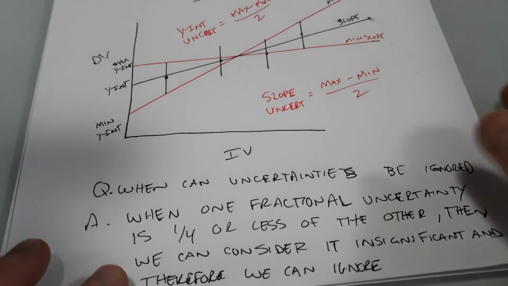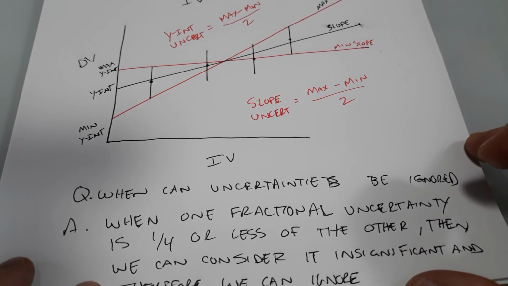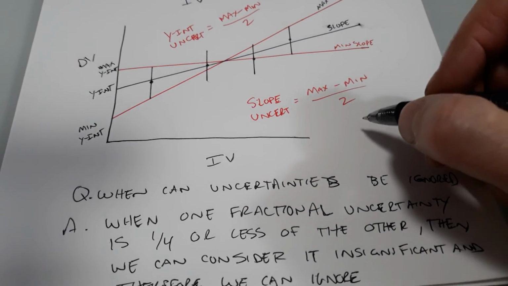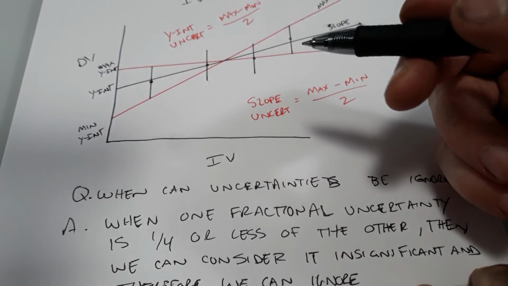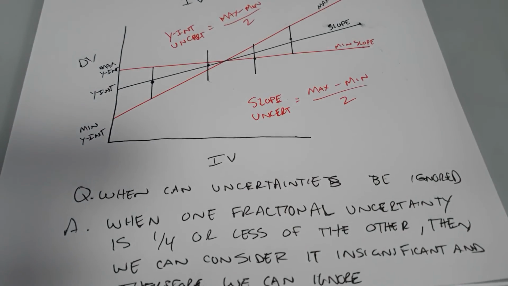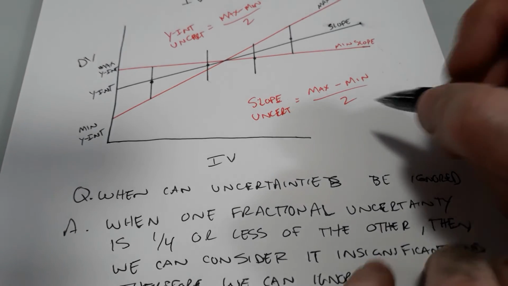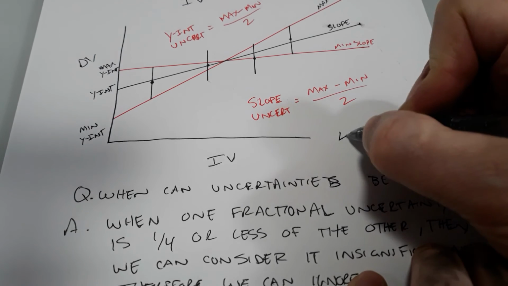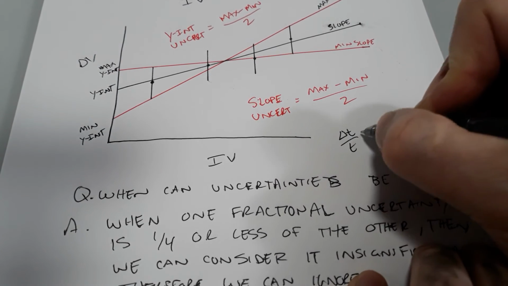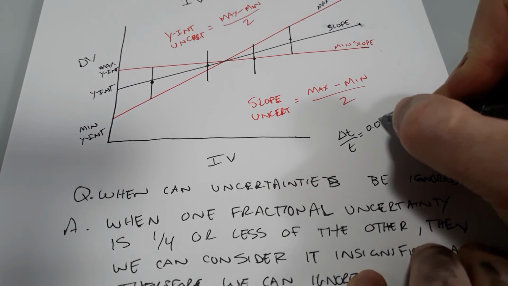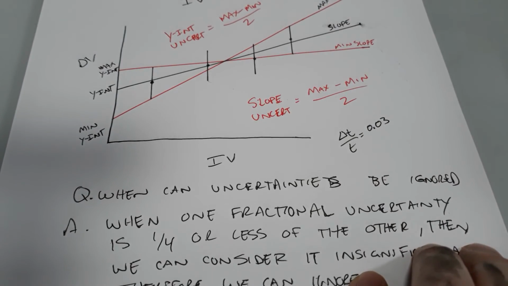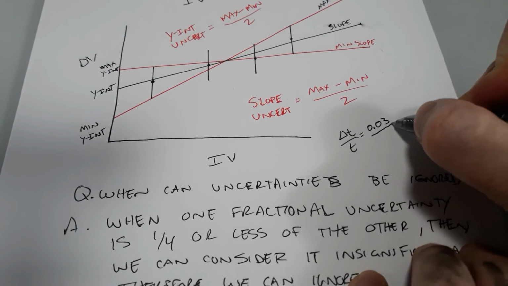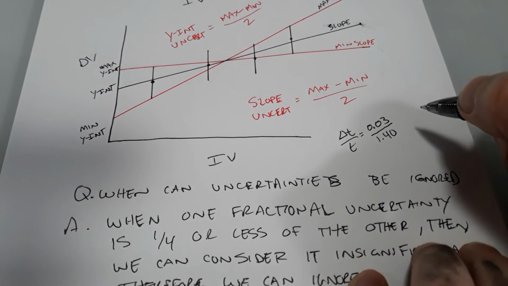So let me just give you a quick example of what this might look like. I'm just going to use this space right here. Let's say we made a measurement and I have distances and times. What I'm trying to do is probably come up with the velocity, so I'm using the graph of distance versus time to figure out the velocity of something. And let's say, for example, that I have Δt over t, and that's equal to 0.03. That's maybe because I have a very precise timing device like a ticker timer. And my first measurement is 1.40.